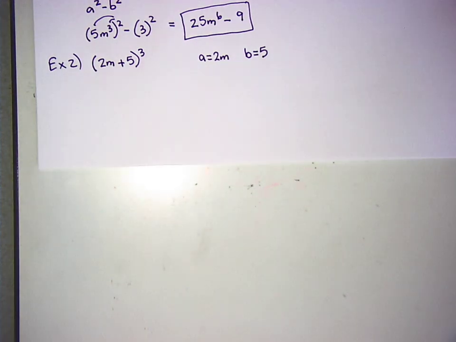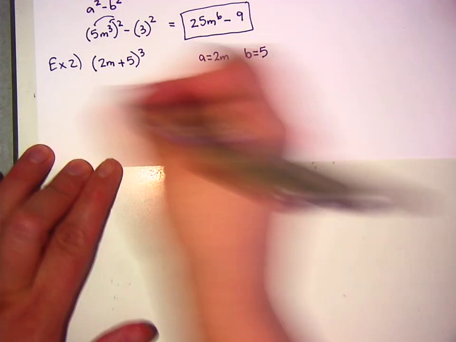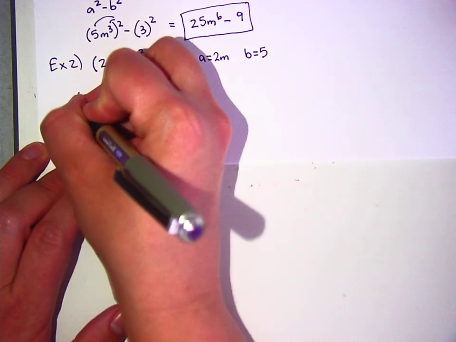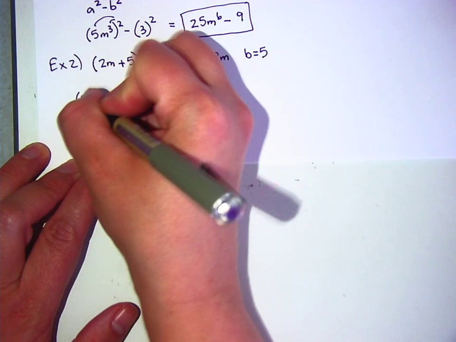Right, 2M. Do you guys want me to do this one with you? Okay. Hey, I'm going to show my work up here. If you need some help, look up.